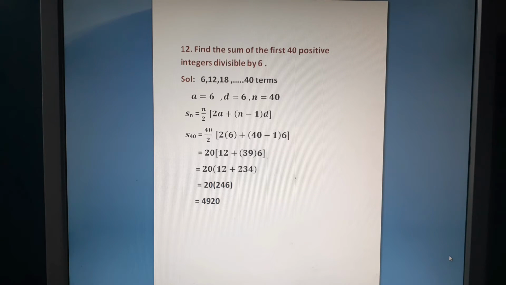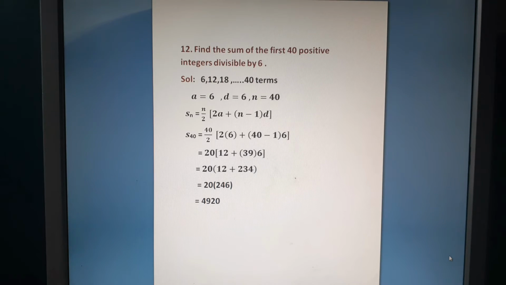Sn is equal to n by 2 into (2a plus (n minus 1) into d). That is S40 is equal to 40 divided by 2 into (2 into 6 plus (40 minus 1) into 6). 40 by 2 is 20. 20 into (12 plus 39 into 6), that is equal to 20 into (12 plus 234), since 39 into 6 is 234.